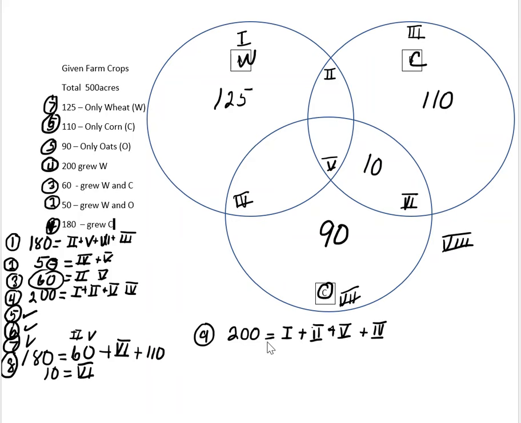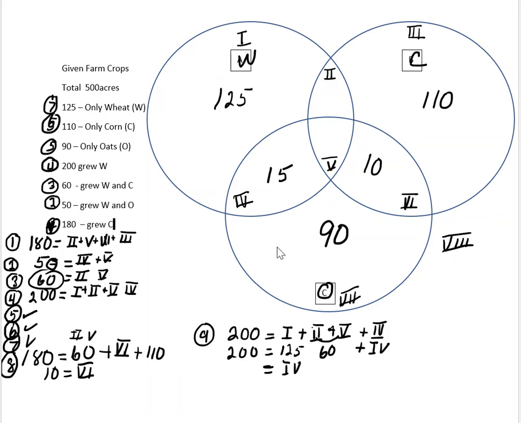If I know that, then I know section 4, because I know 1 is 125, and I know these two together, I was told, is 60. The piece that I'm missing is what's left after I solve this little mini problem, and I get 15.